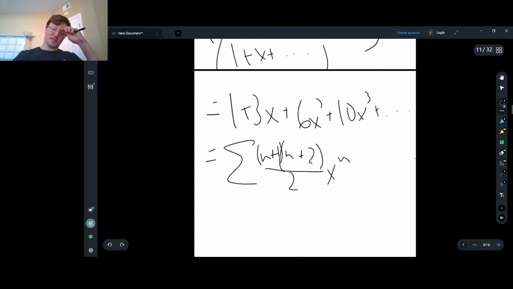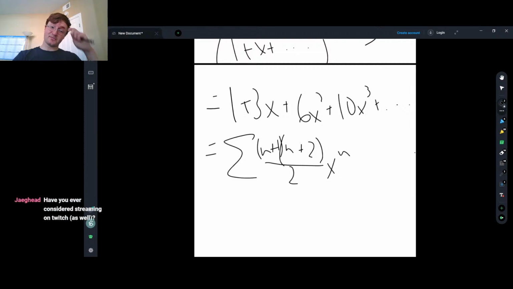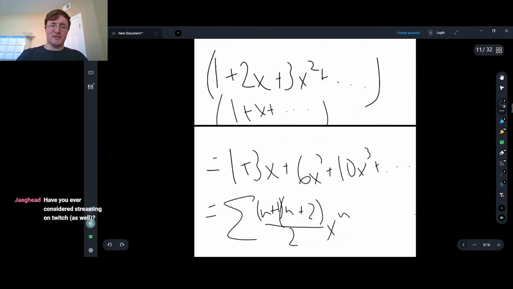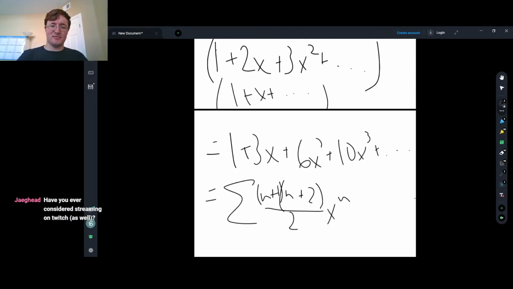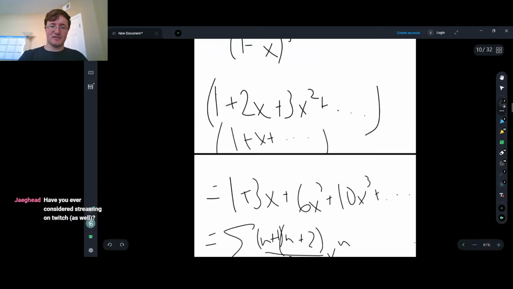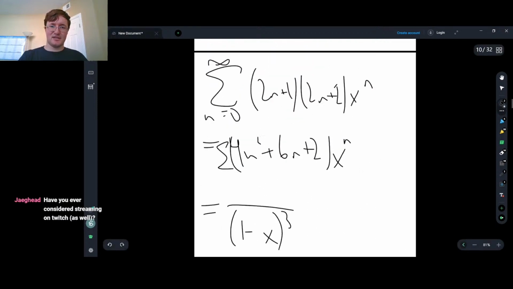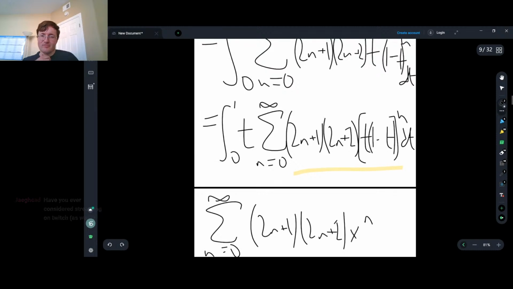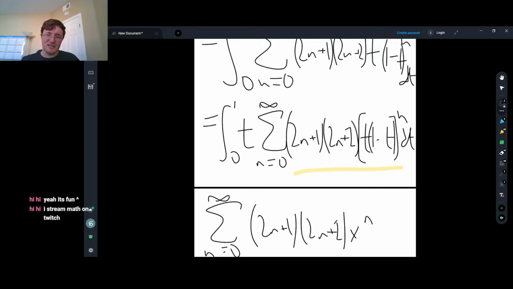Okay, so what does that give me? Yeah, I don't think this is going to be good, because now I'm going to be integrating something with a cube.